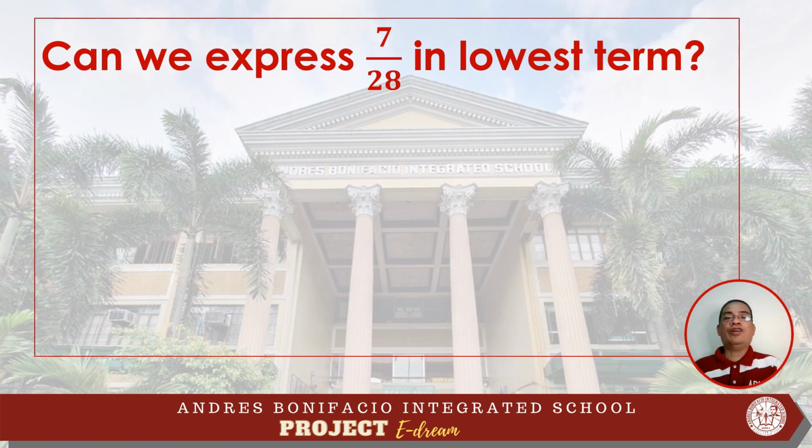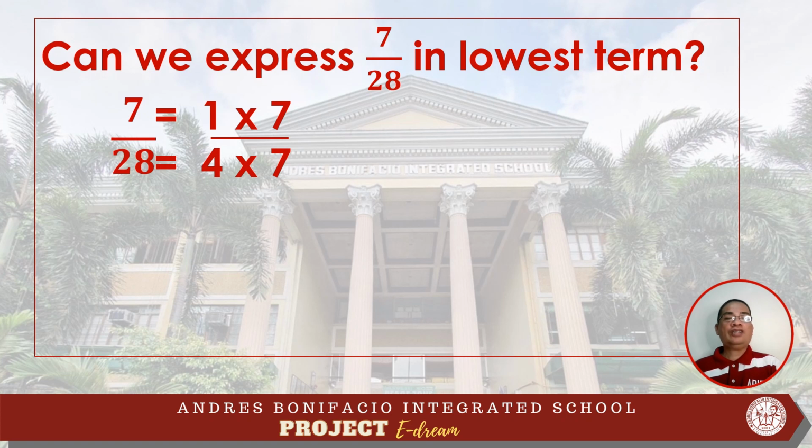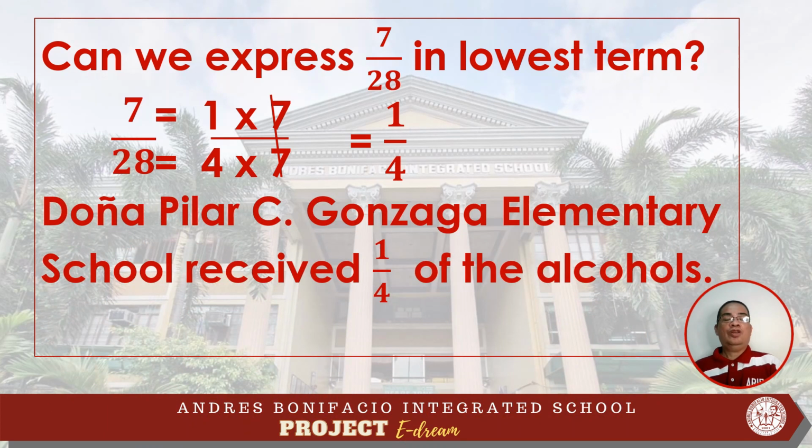Can we express 7 over 28 in simplest terms? 7 over 28: the numerator has a factor of 7, 1 times 7, over the factor of 28, 4 times 7. 7 over 7 cancel, so 1 over 4. Doña Pilar C. Gonzaga Elementary School received 1/4 of the alcohols.